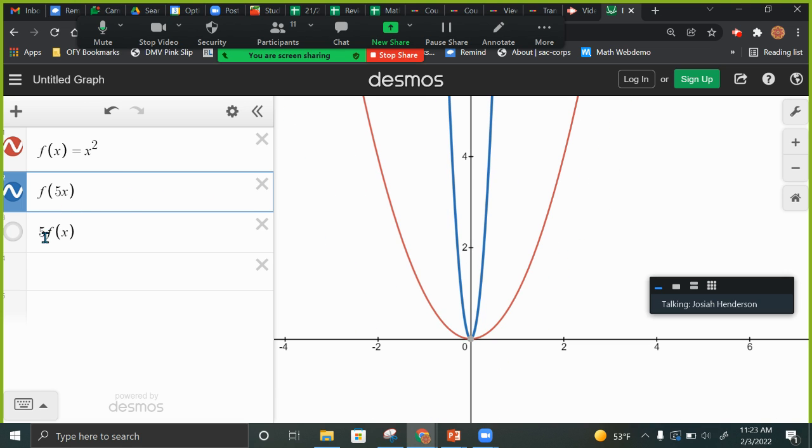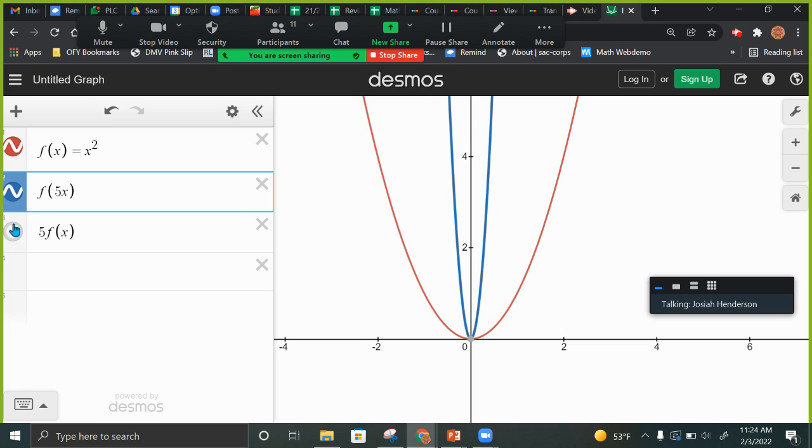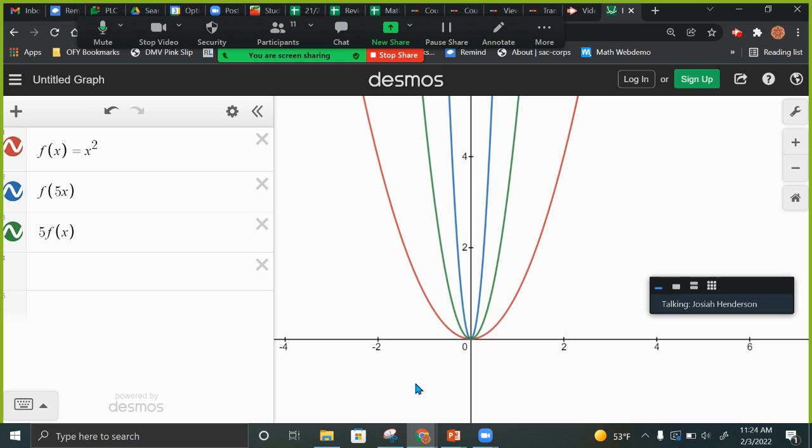So if it's on the outside, you're technically stretching it vertically. If it's on the inside, you're compressing it horizontally. So they don't look the same. My green and my blue are not the same graph, because one is a vertical stretching and the other one is a horizontal compression.